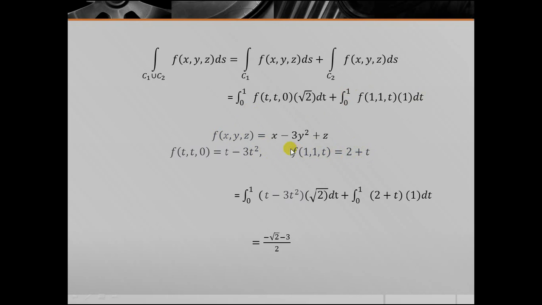Now our integral contains all the necessary components. By performing integration, we will at length come to this answer, negative square root 2 minus 3 over 2.